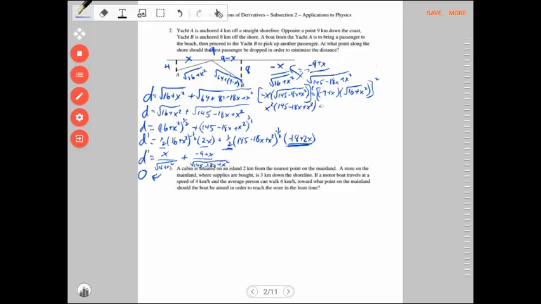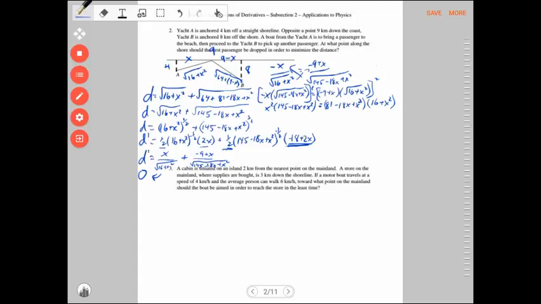Negative 9 squared is 81, minus 18x plus x squared, and then the square root disappears, so 16 plus x squared. Awesome.